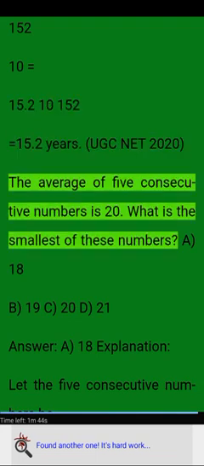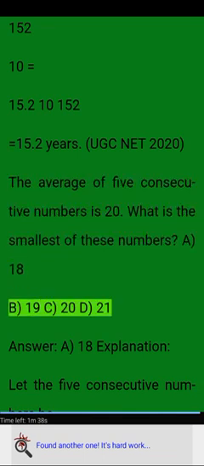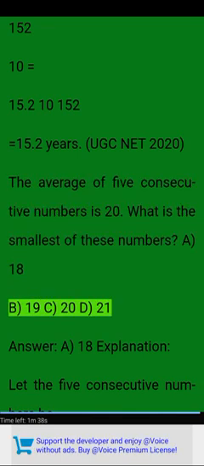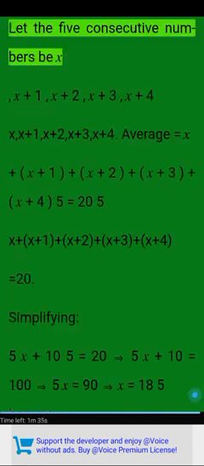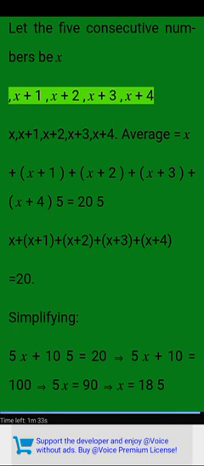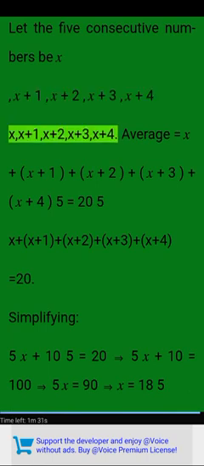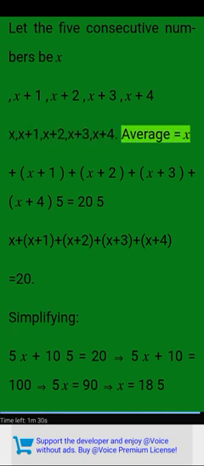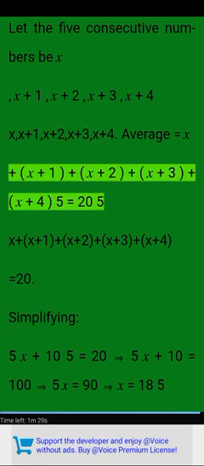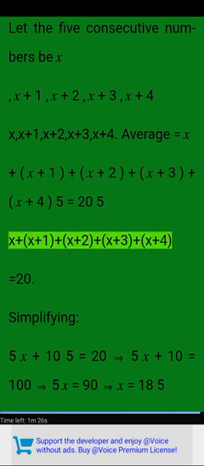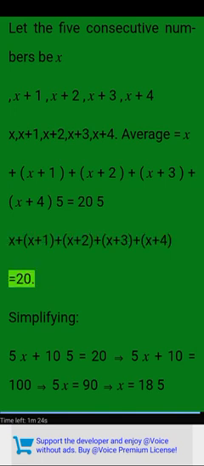UGC NET 2020. The average of 5 consecutive numbers is 20. What is the smallest of these numbers? A. 18. B. 19. C. 20. D. 21. Answer: A, 18. Explanation: let the 5 consecutive numbers be x, x + 1, x + 2, x + 3, x + 4. Average = (x + x + 1 + x + 2 + x + 3 + x + 4)/5 = 20.